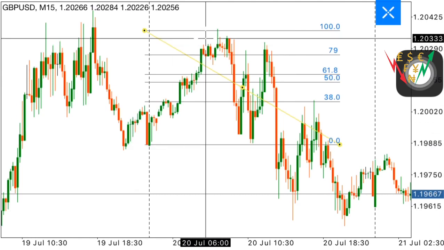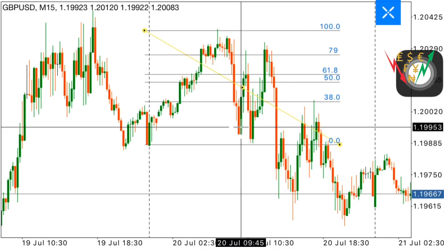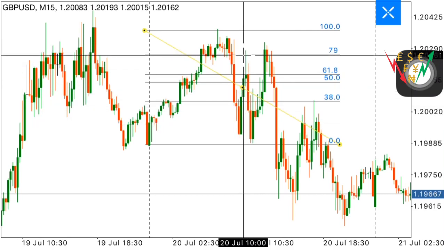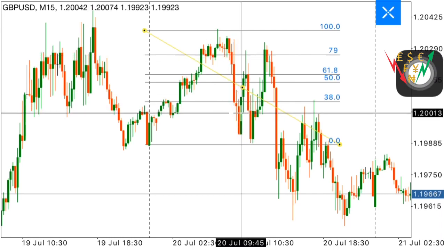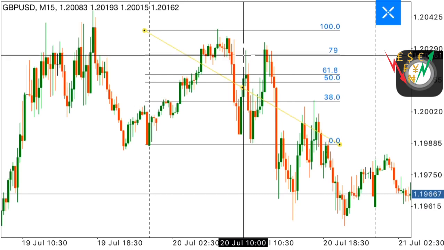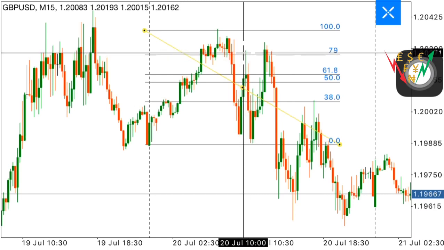So low and high. Now what we begin to do is look for our possible entries. Because the price is kind of here, and the London session starts here at 10 a.m., we've actually gotten this high, so we're looking for entries.